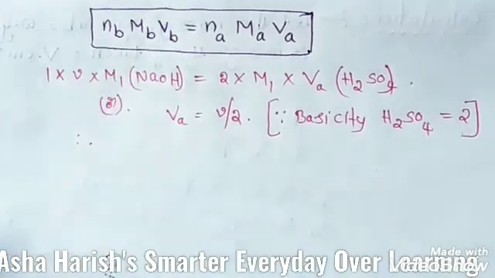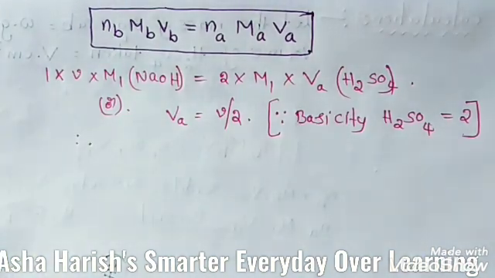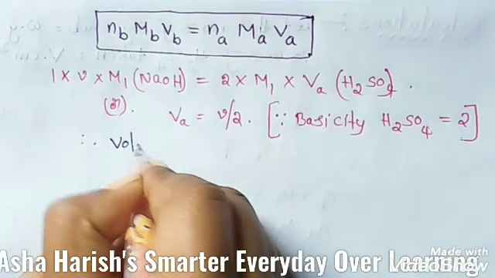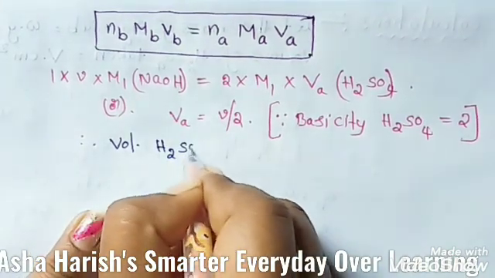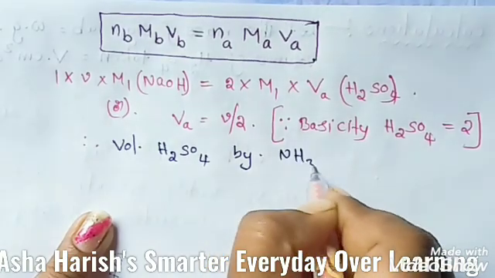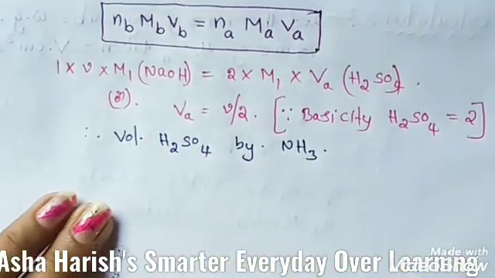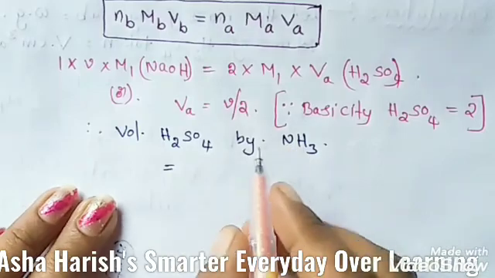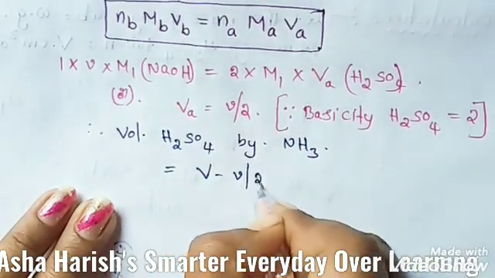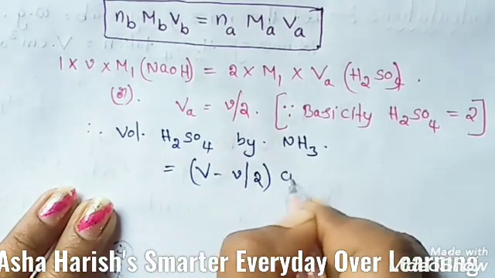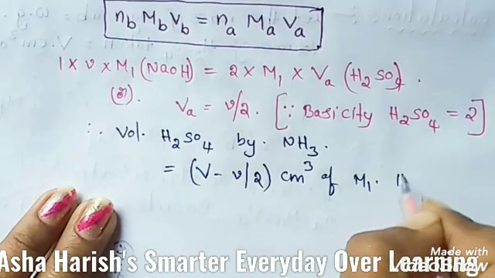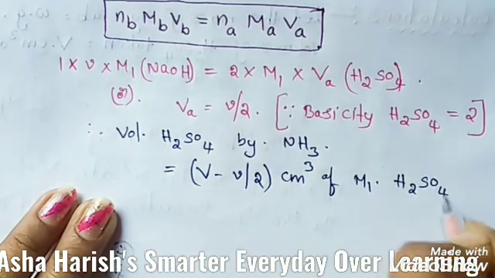Now the volume of H2SO4 which is used by NH3, ammonia, should be calculated by capital V minus small v by 2 cm³ of molarity of H2SO4.